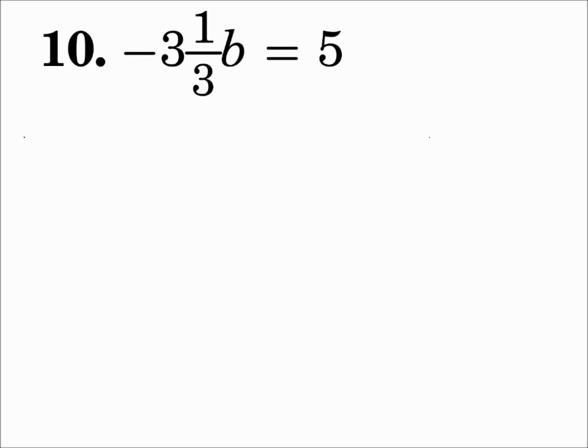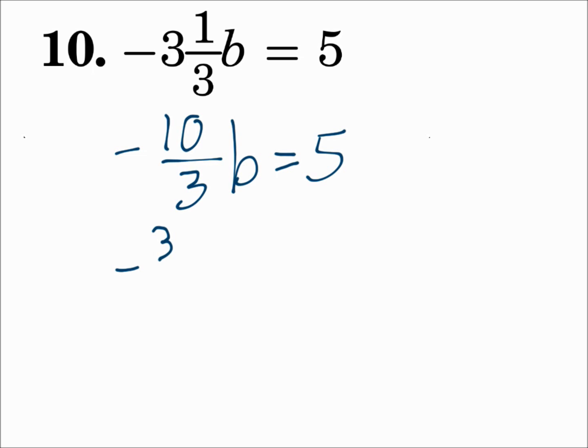Number 10. Negative 3 1/3 b equals 5. First turn negative 3 1/3 into an improper fraction, which is negative 10/3. And since that's negative 10/3 times b, do the opposite and divide both sides by negative 10/3, which means multiply both sides by negative 3/10.